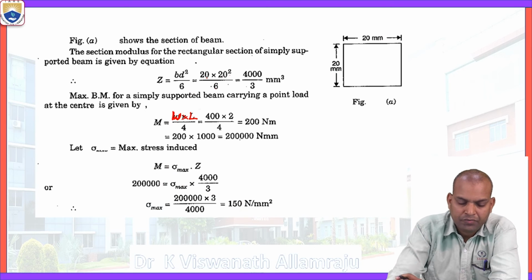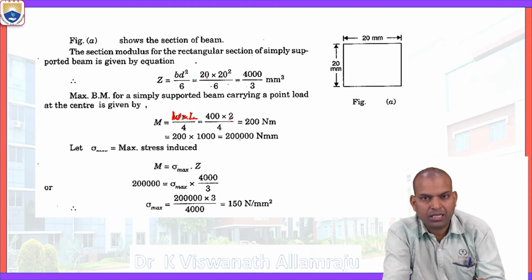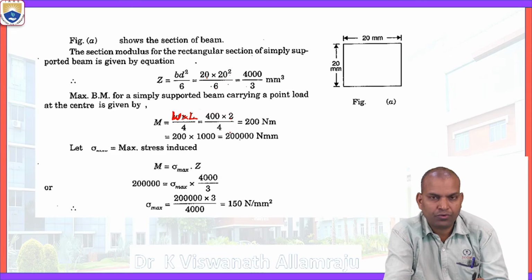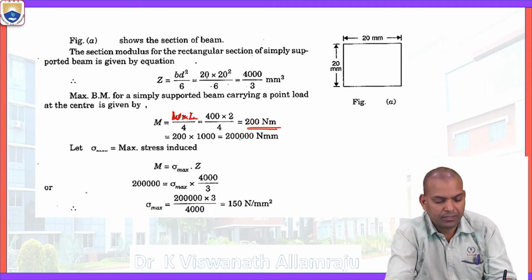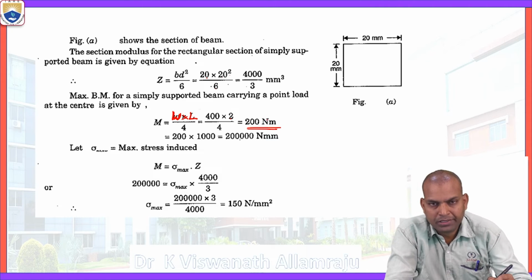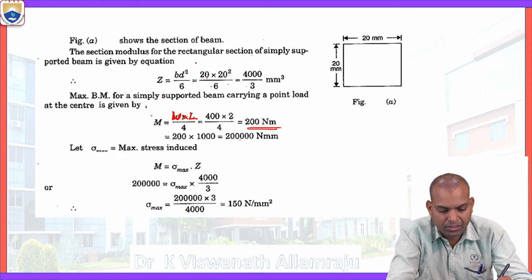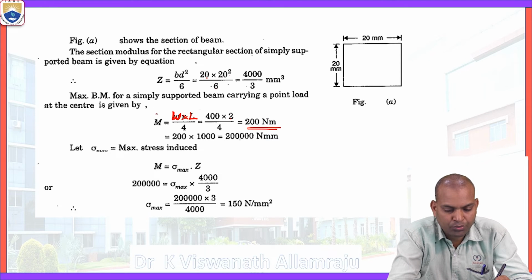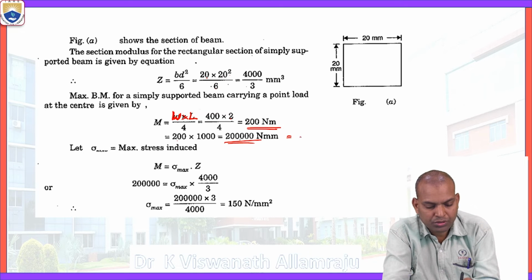So 400 newtons times the span, 2, by 4, that is 200 newton meters. Now this newton meter has to be converted into newton millimeters, because we are following dimensional homogeneity, in millimeters. So 200 times 1000, since 1 meter equals 1000 millimeters, gives 2 times 10 power 5 newton millimeters.